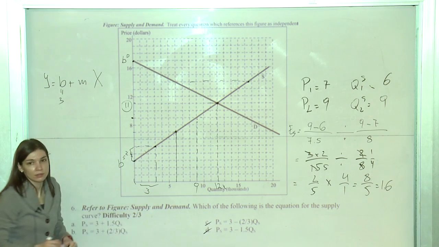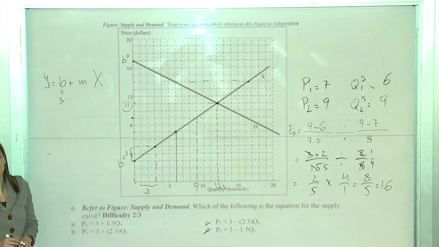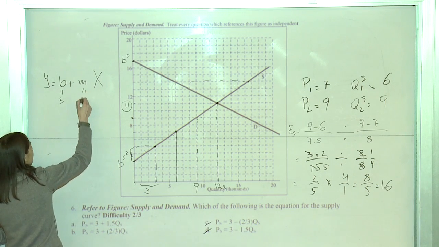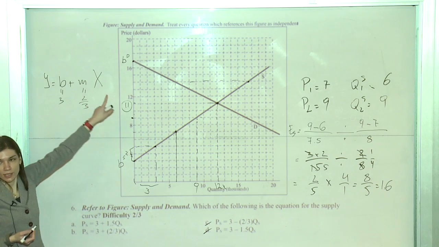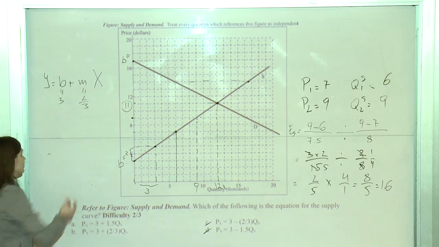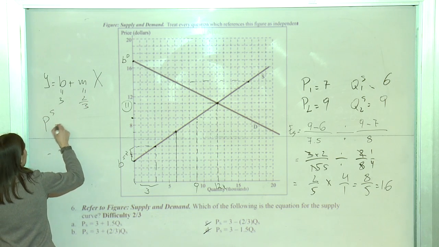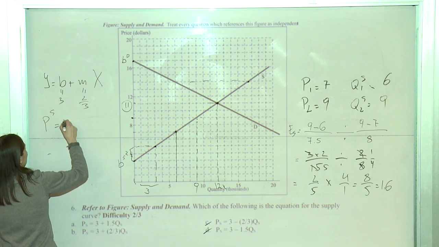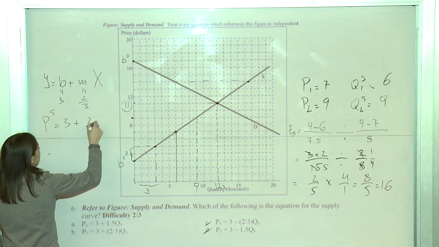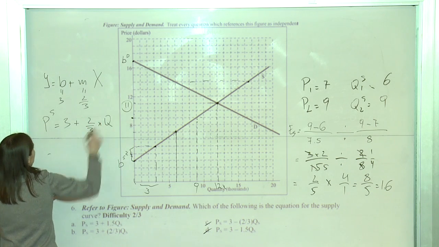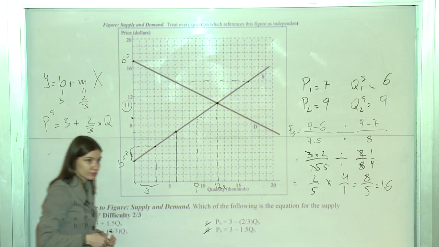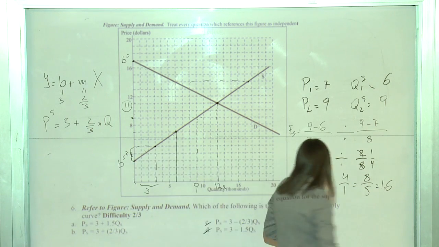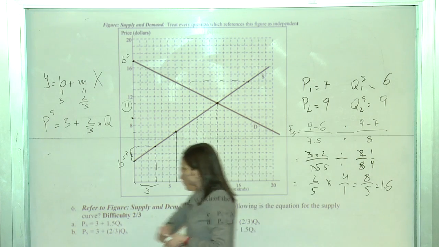So rise over run means the slope is 2/3. Y is the price and x is the quantity, so the supply curve is 3 plus 2/3 times the quantity. So the answer here is B.